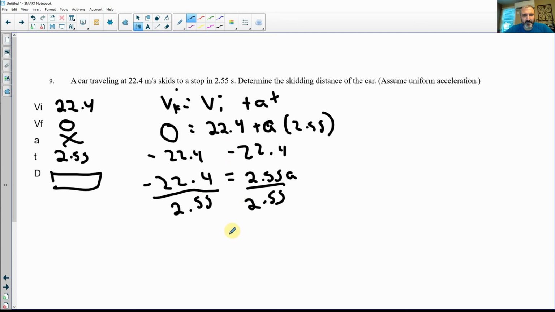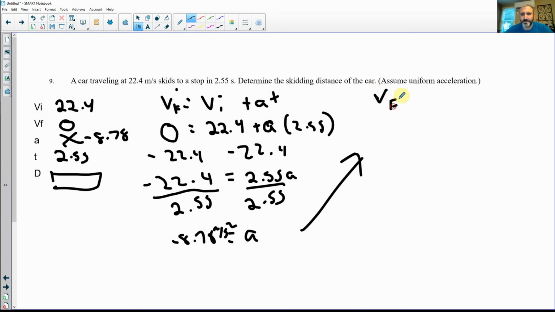It'll give us an A of negative 8.78 meters per second squared. So with that, now we've got the A of negative 8.78. So now what we can do is take that A and go into a different equation. I would say VF squared, because it's easiest, equals VI squared plus 2AD.